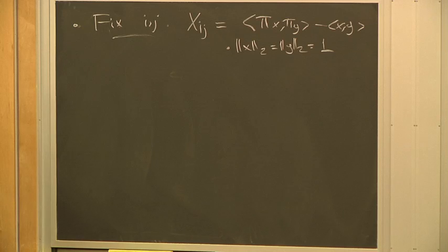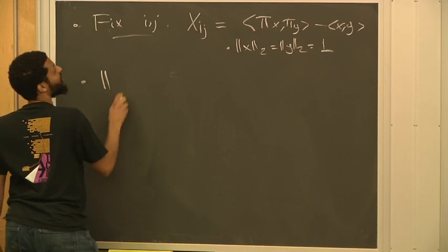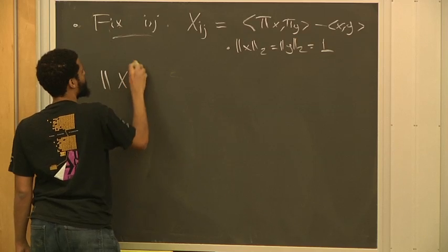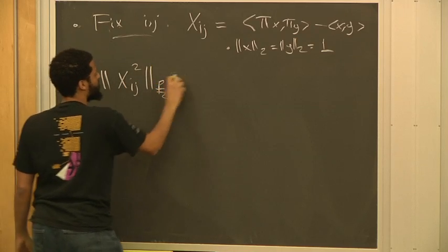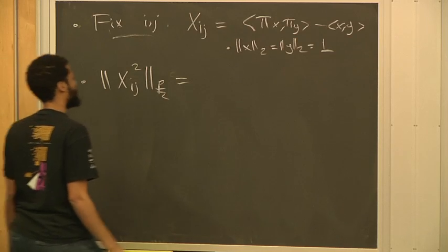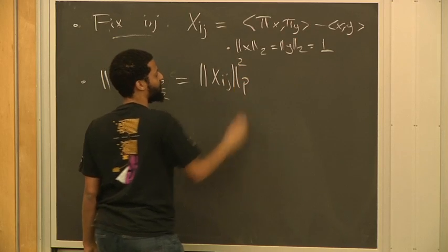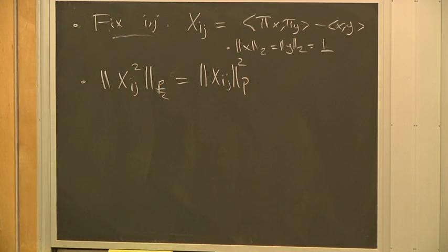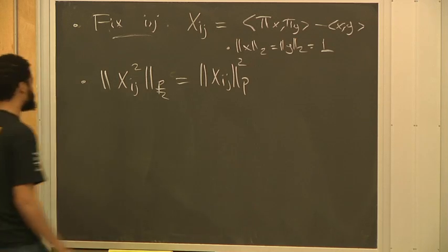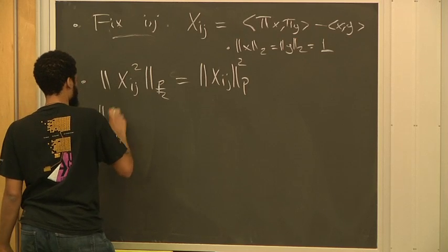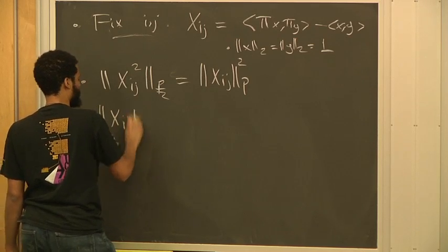And notice that, going backwards now, the p over 2 norm of xij squared is just the same thing as the p norm of xij squared. This is just equal. So now let's look at the p norm of xij.